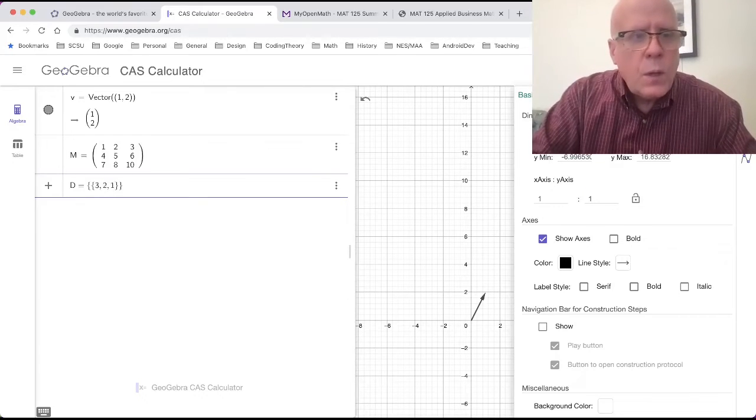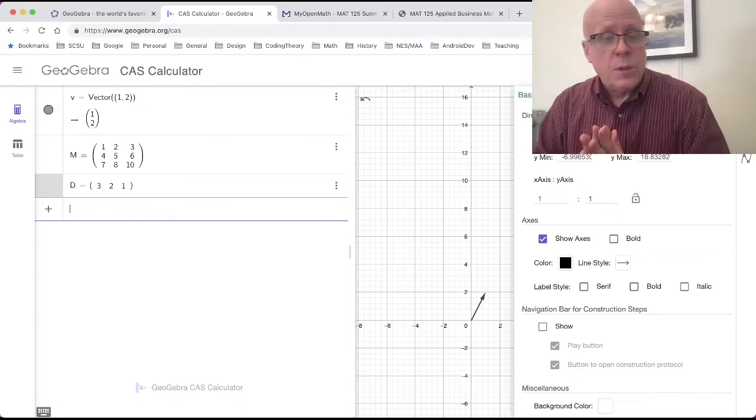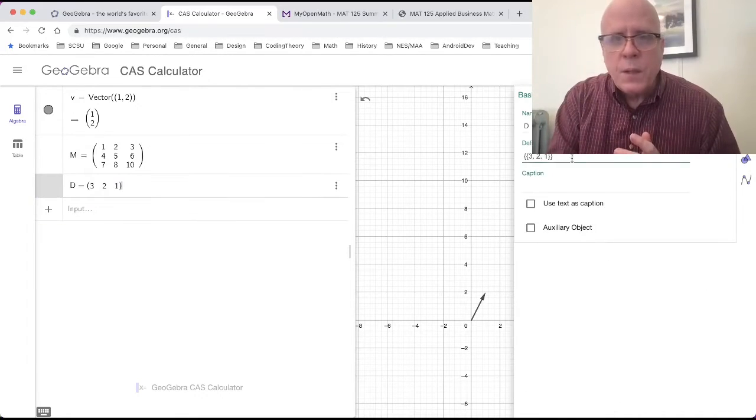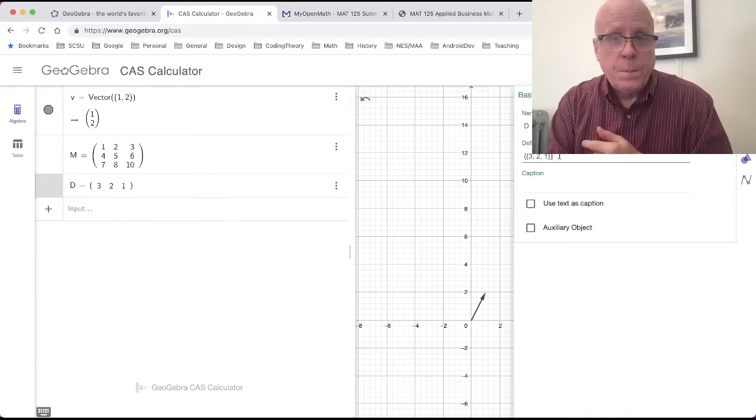A single column. What does D consist of now? If I have a matrix like that, that's a row of numbers. It's a single row was given as the input. Can we go back to the settings here and see how it was put in? 1 row, so we've only got 1 row. And then 3 columns because there were 3 entries in that row.